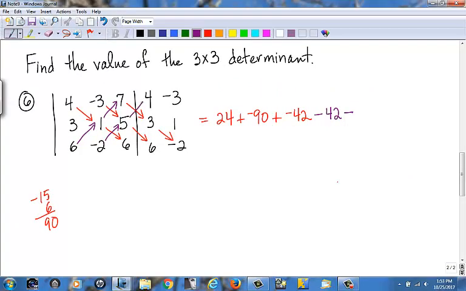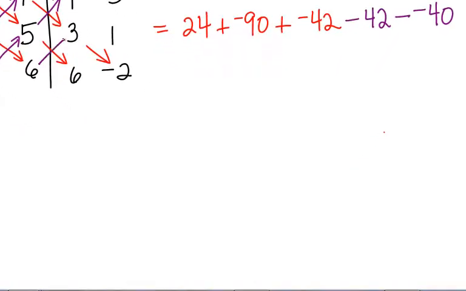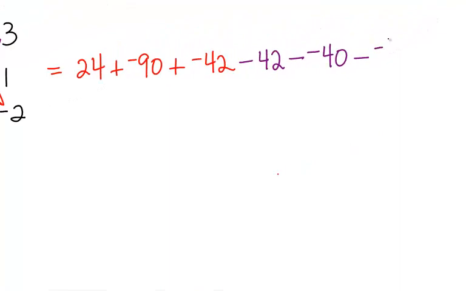Multiply coming back up. Negative 2 times 5 would be negative 10. Negative 10 times 4, negative 40. So subtract a negative 40. You subtract the products coming back up. 6 times 9 would be negative 54. Subtract a negative 54.